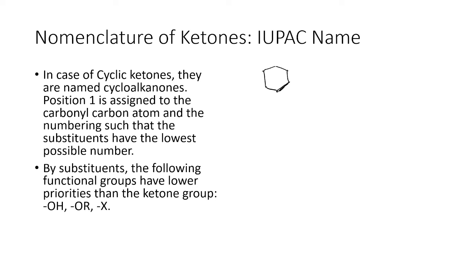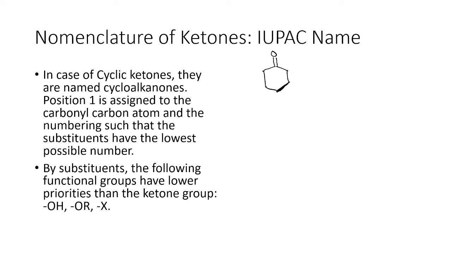So, halimbawa, meron kang ganito. Nandito yung ketone mo. So, they are named cycloalkanones. Ibig sabihin, kung ito ay cyclohexane, so that will be a cyclohexanone. And then, position 1 is assigned to the carbonyl atom.